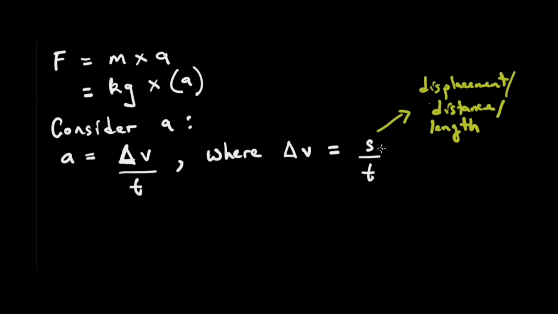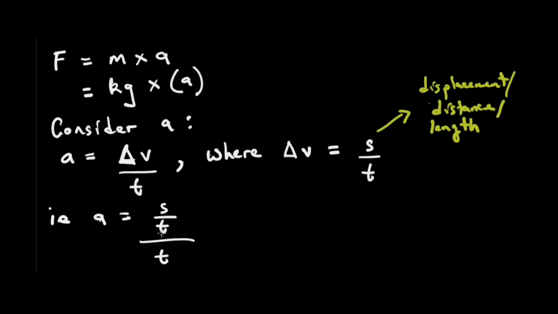Having defined what a change in velocity is, we saw that it's displacement over time. What we are doing now is substituting displacement over time, s over t, to replace delta v here. So that is a is equal to, we replace delta v with s over t, and all of this is over t.